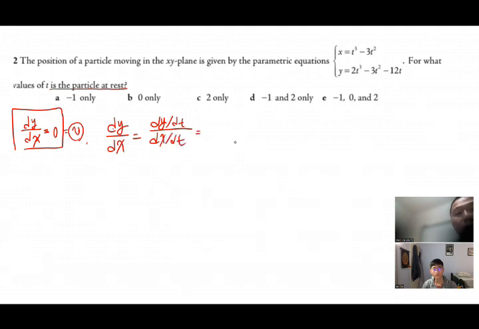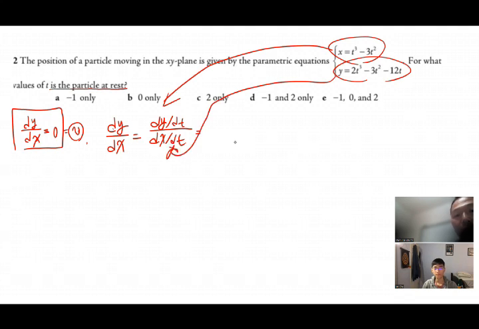So now you plug this y and x into this formula, just like the one you solved in the previous problem. Then dy over dt is 6t squared minus 6t minus 12, and dx over dt is 3t squared minus 6t.